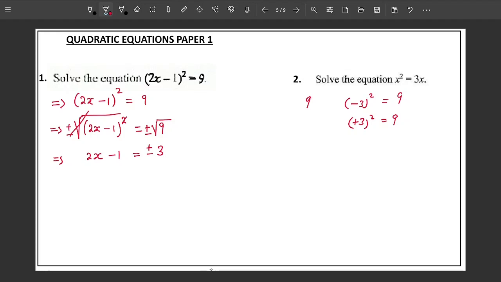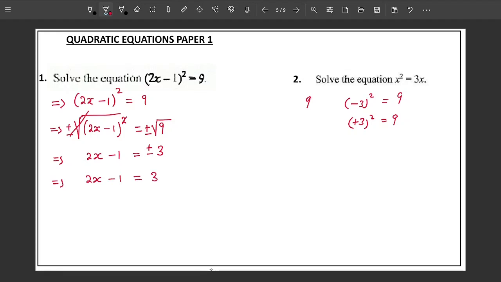Okay, so once you reach here, it means that if you have this as your answer, you can now take it in this way. You can take either 2x minus 1 should be positive 3. You carry this positive first.